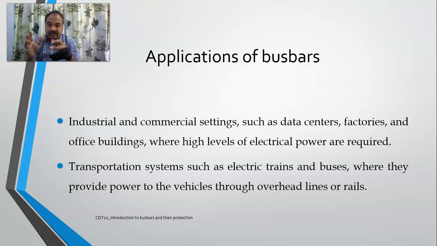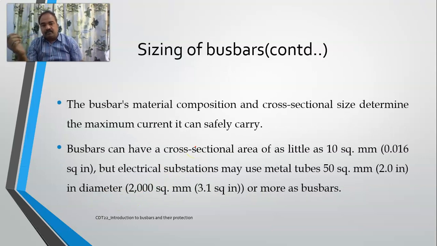And particularly electric transportation systems nowadays employ bus bars. So electric trains, buses, etc., where they provide power to the vehicles through overhead lines or rails, will be connected to these bus bars.